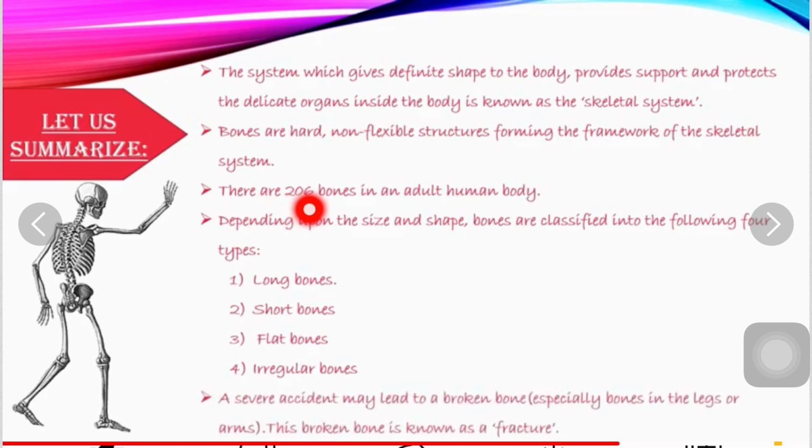There are 206 bones in an adult human body. Depending upon the size and shape, bones are classified into the following four types: long bones, short bones, flat bones, and irregular bones. A severe accident may lead to a broken bone, especially bones in the legs or arms. This broken bone is known as a fracture.